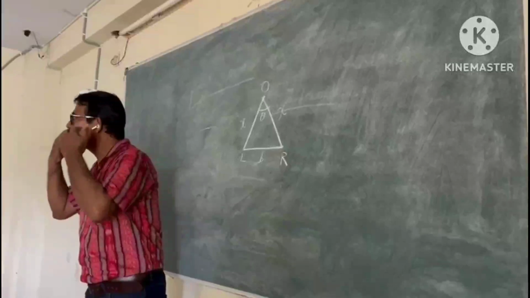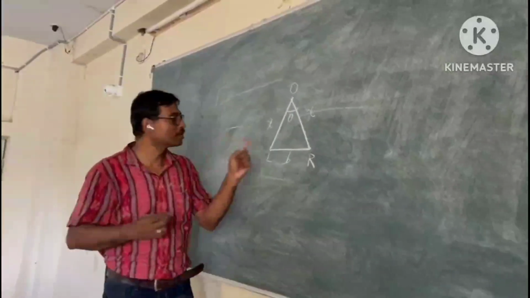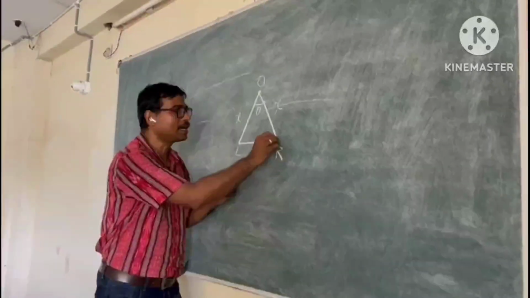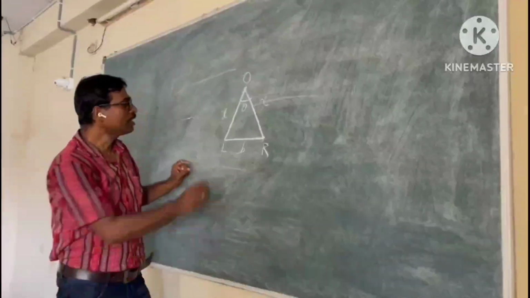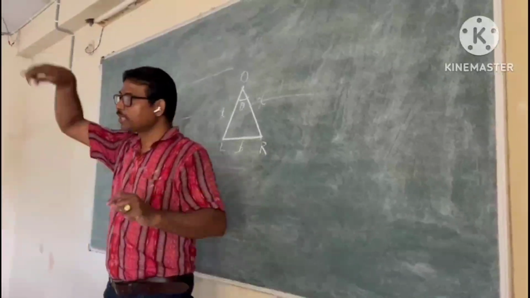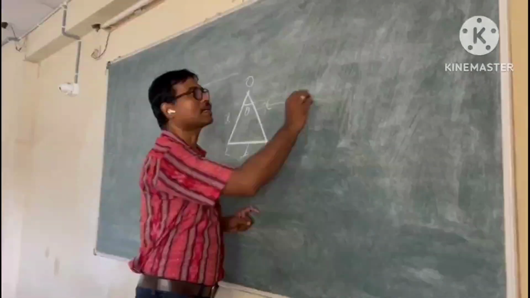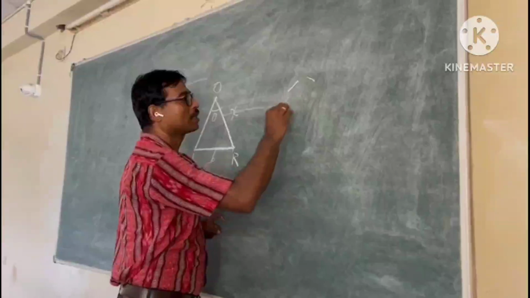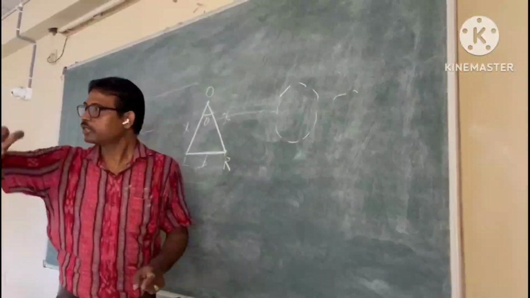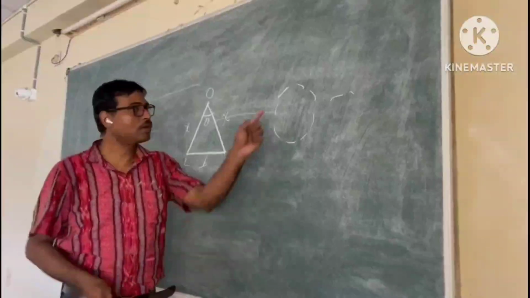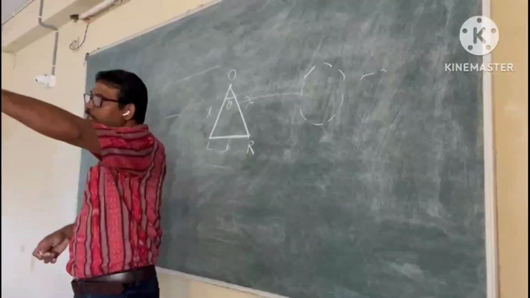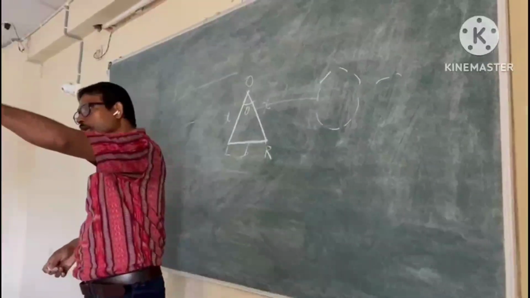But here, what are you considering? The distance between the left eye and the right eye is called basis. If you consider an arc, a number of arcs make a circle. So some part of it is circular in nature.